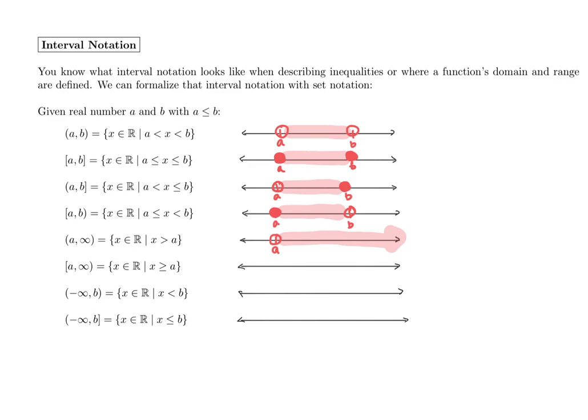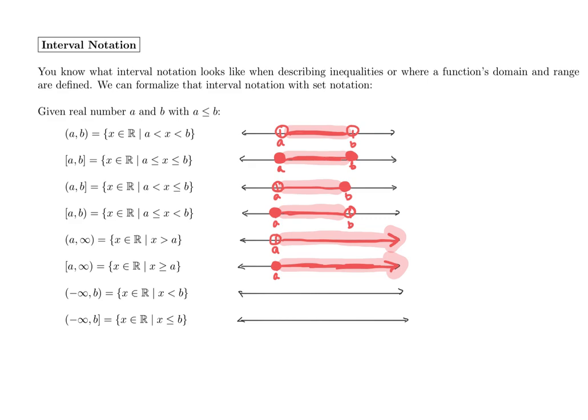If I include a and still go off to infinity, I have a closed circle and still going off to the right. Might be easier if I add another layer of red in there to make it easier to see. On each of these, there you go. That makes it a little easier to see where we're connected.